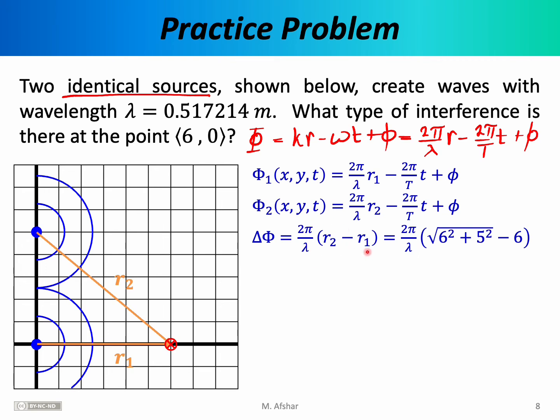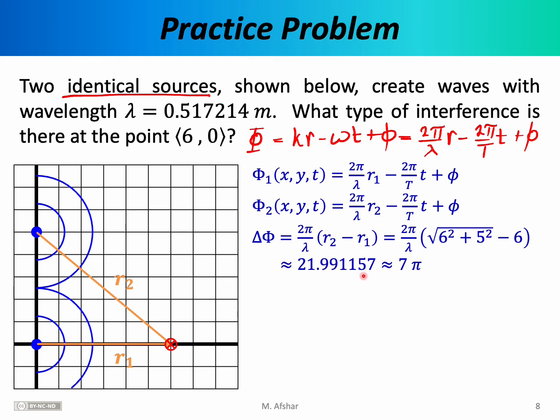Now you need to calculate R2 and R1. You can read off the locations of the two sources and the point of interest from the graph, and then you can calculate R1, then you can calculate R2 with a little bit of geometry, and then you can calculate the difference between them.